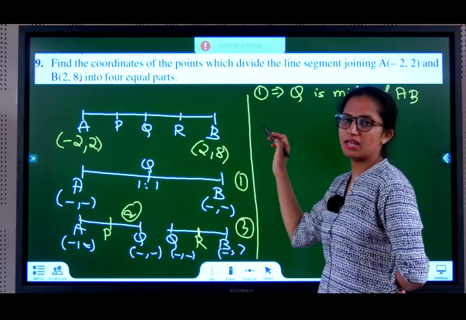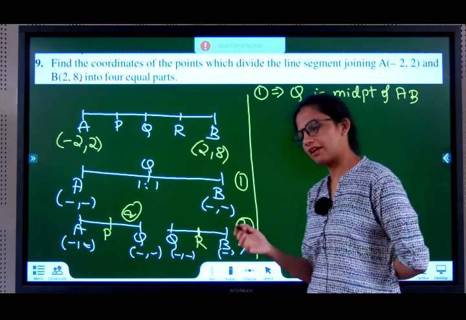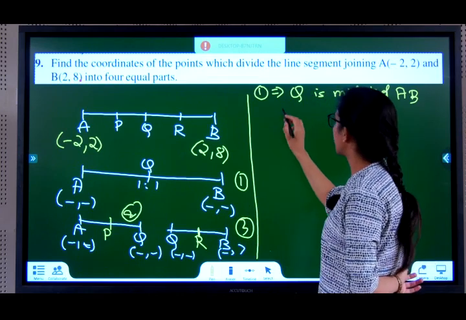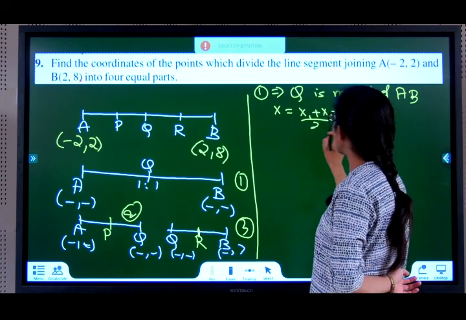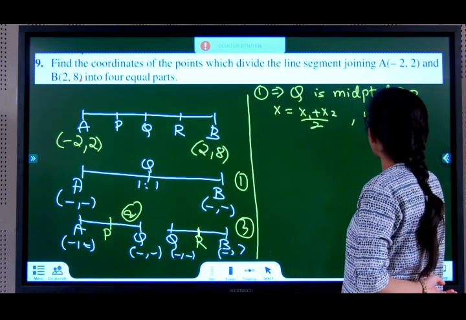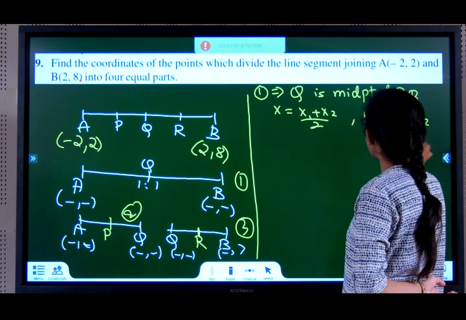Write down the midpoint formula: (x1 plus x2) by 2 and (y1 plus y2) by 2. So x is equal to (x1 plus x2) by 2, and y is equal to (y1 plus y2) by 2.